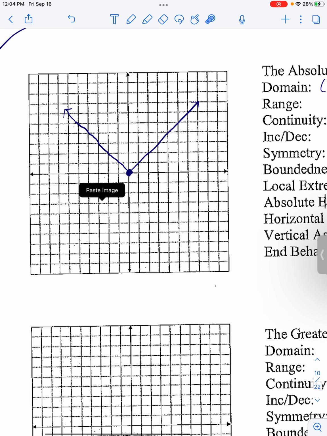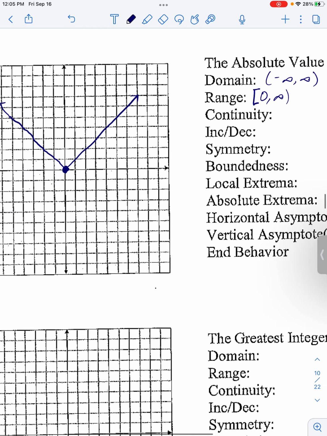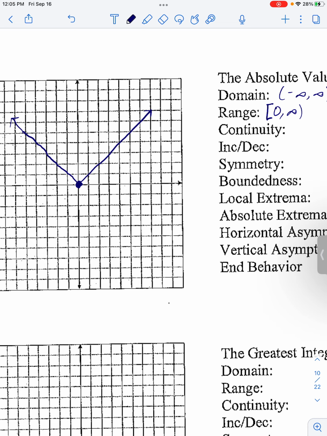My y value is 0 at the origin, and to the left and right I go up to positive infinity forever. So my range is 0 to positive infinity, and that 0 gets a bracket because 0 is included as one of my y values.